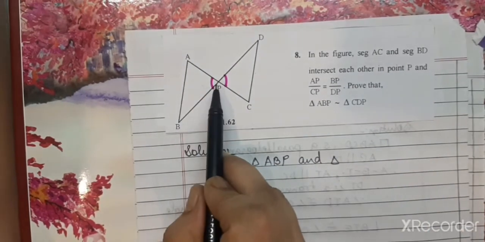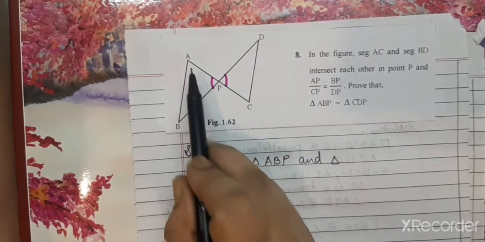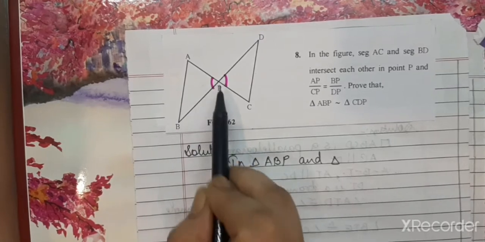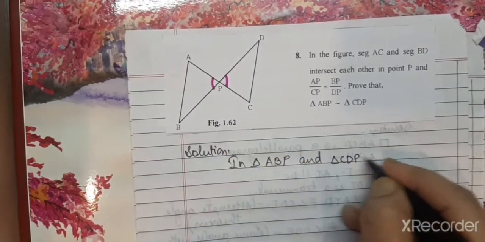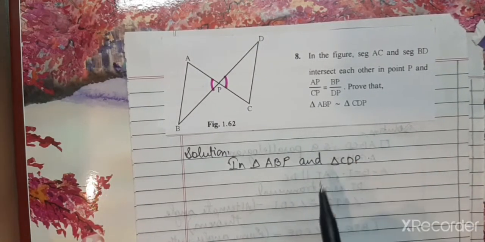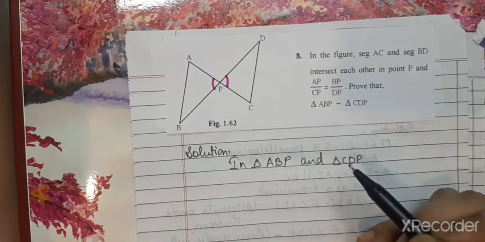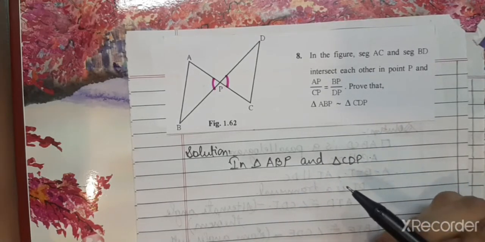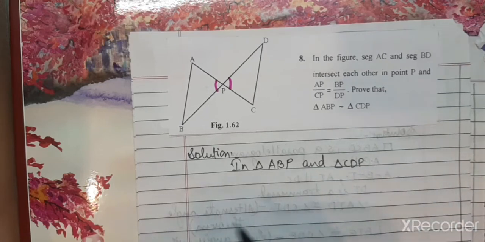Because AP upon CP is given, opposite to A B P is C D P. So before you start with the sum, just check whether they have given it according to one-to-one correspondence. Usually they give it that way, but if it is not given, then you make sure that you write according to one-to-one correspondence.